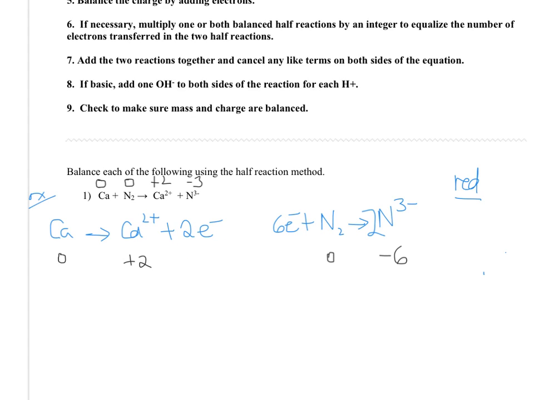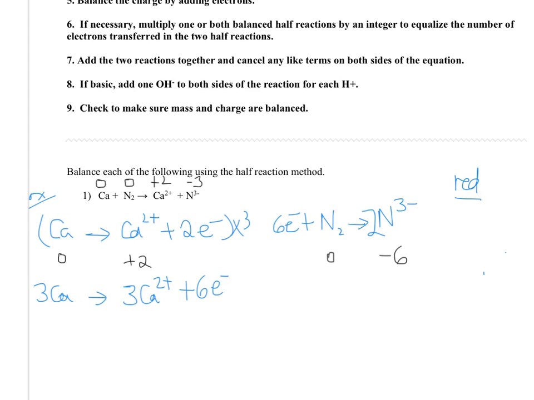And so in this case, we have 2 electrons, 6 electrons, so you would want to multiply this reaction by 3. So this reaction is going to be multiplied by 3. So let's rewrite it multiplied. So you'd have 3Ca yields 3Ca2+ plus 6 electrons.